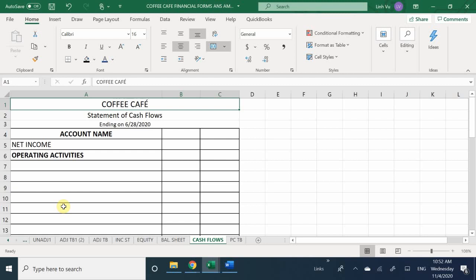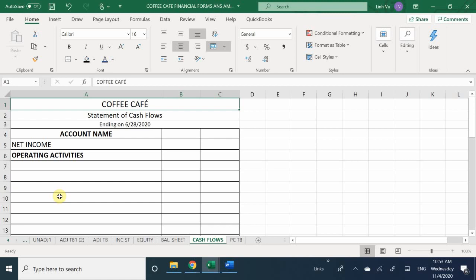Typically what you're dealing with in each category is all your assets, liabilities, and equity. For operating activities, it's anything that's current: your current assets and current liabilities, as well as your other assets. And because of current assets, we also have to figure out how we convert our accrual basis, such as accounts receivable.